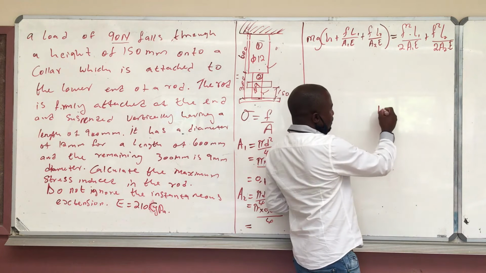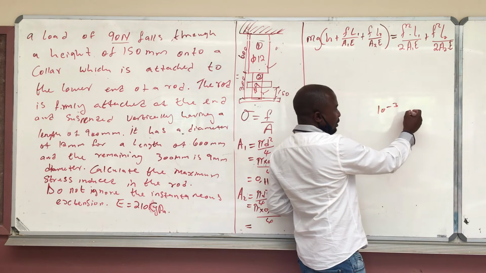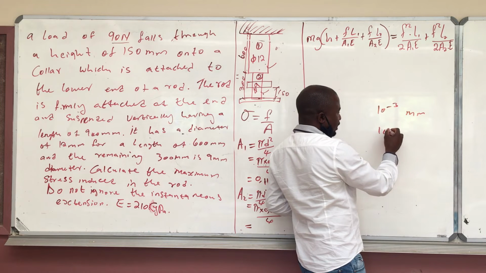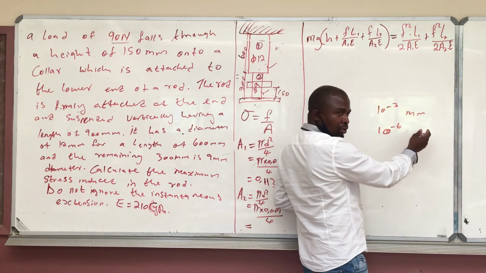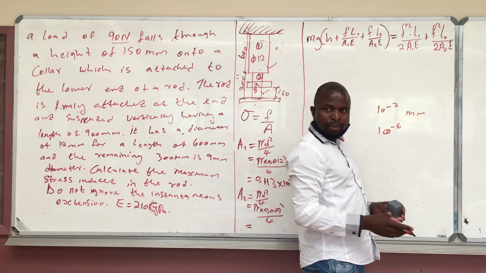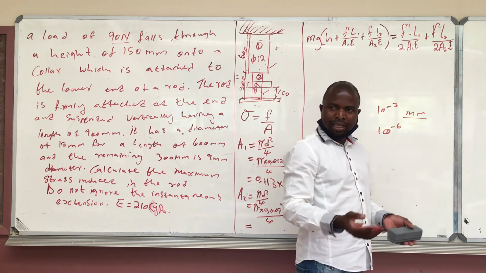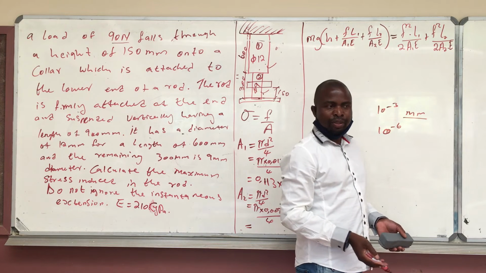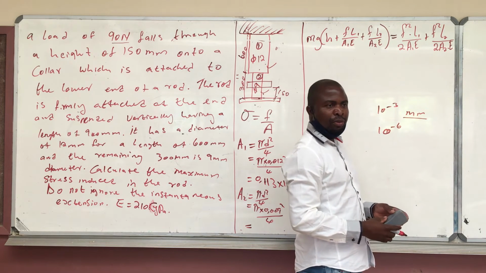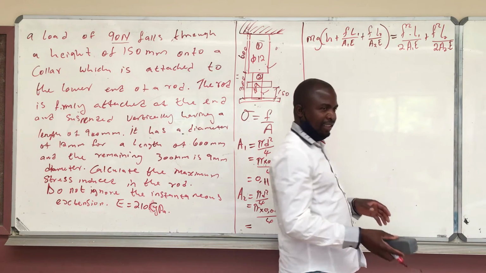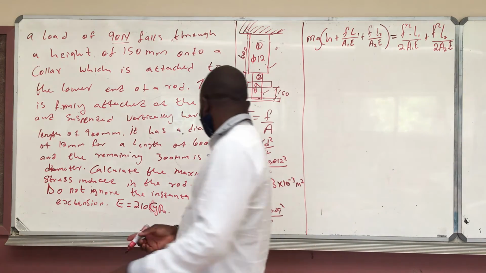Times 10 to the power negative 3 is milli, and times 10 to the power negative 6 is micro. So engineering mode makes sure it goes with milli, micro, something like that. That is why it won't give you -4. You understand?